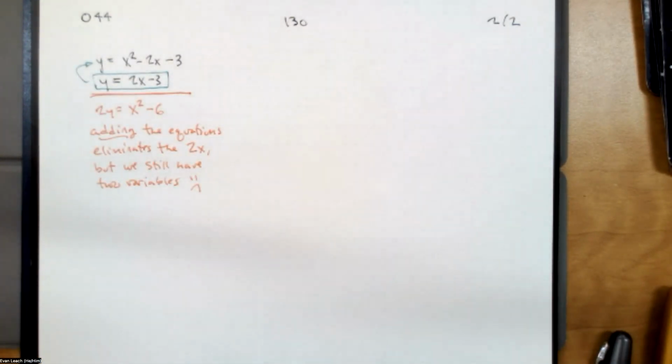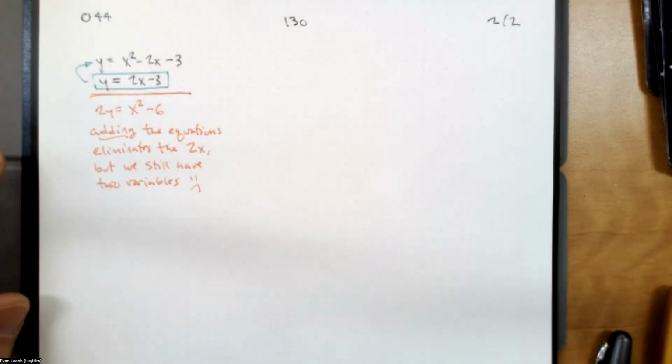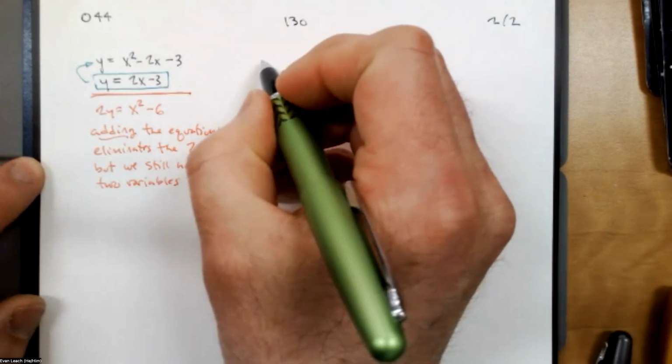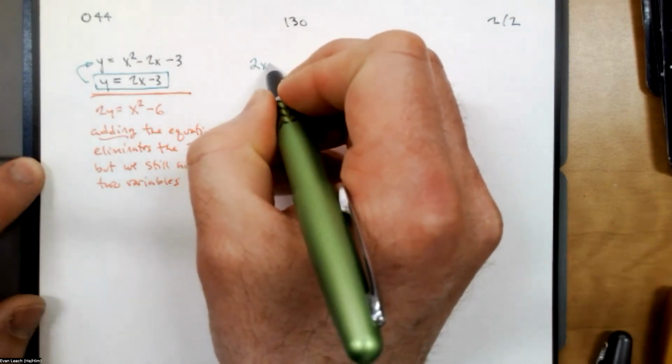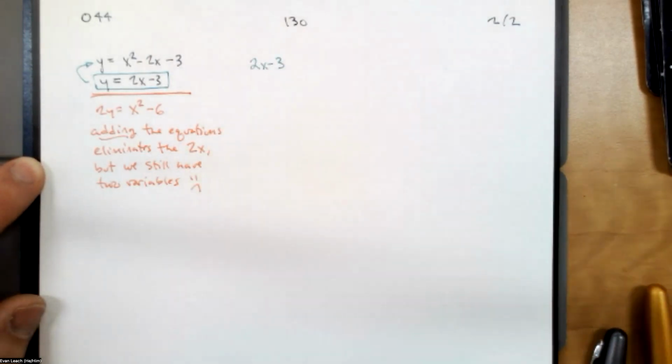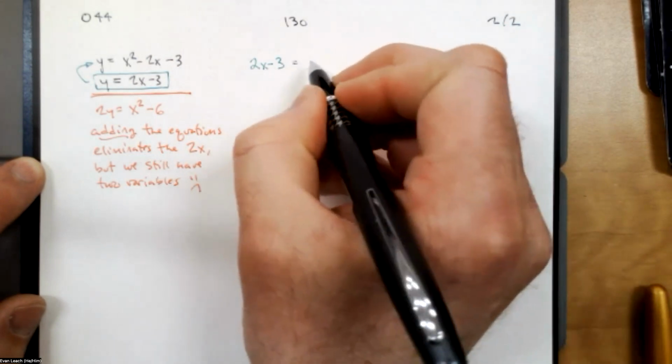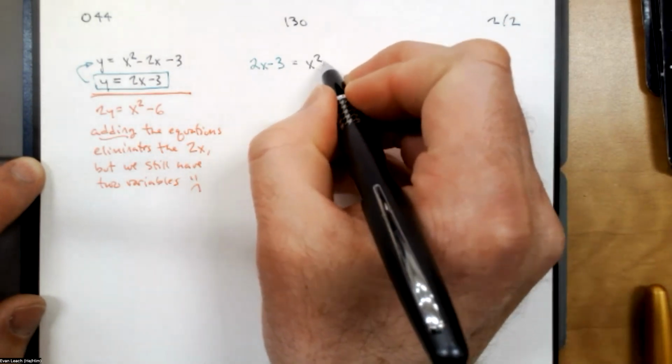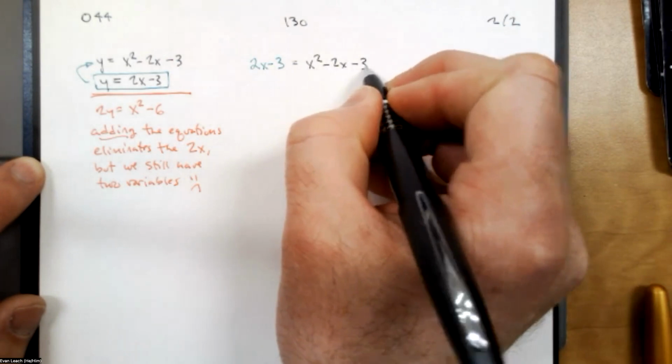I'm going to replace the y in the first equation with the y from the second equation. Here I'm combining the two equations, and I'm going to eliminate the y from the equation. So this is going to look like 2x minus 3 equals x squared minus 2x minus 3.